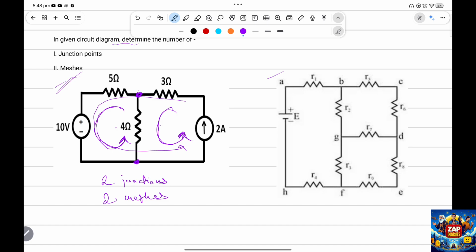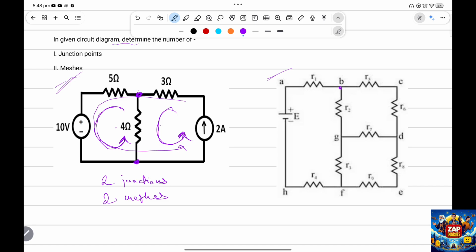Similarly, if we look at this network, we have to find the number of junction points and meshes. So here, first look at the junction points. We have to consider only those points which are connected to three or more elements.